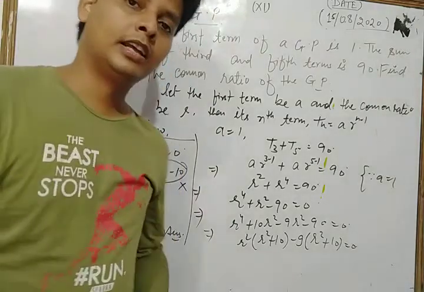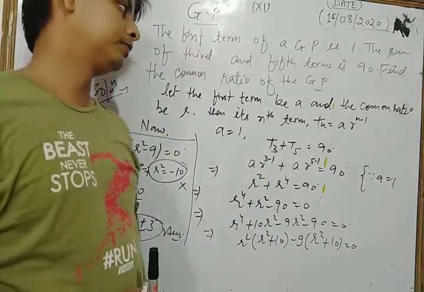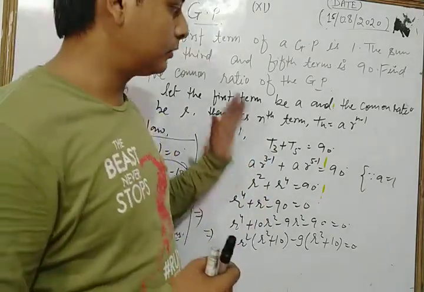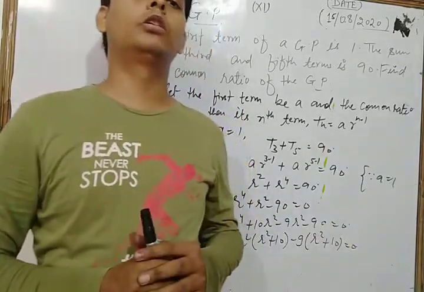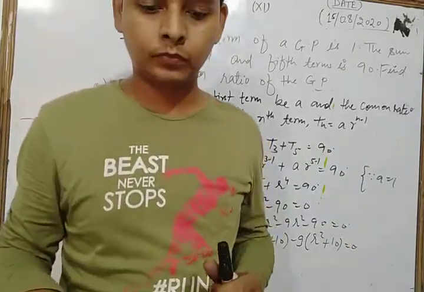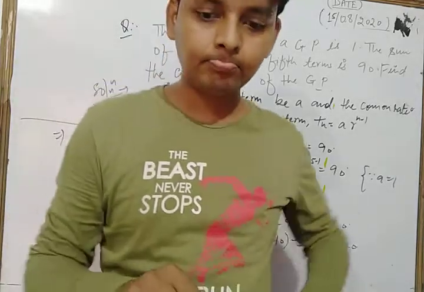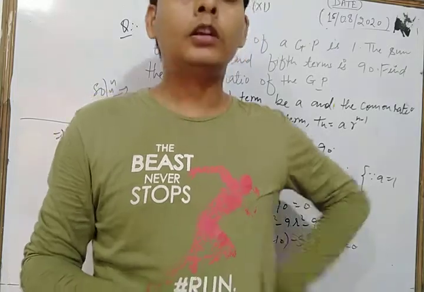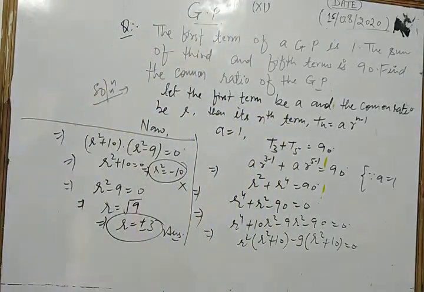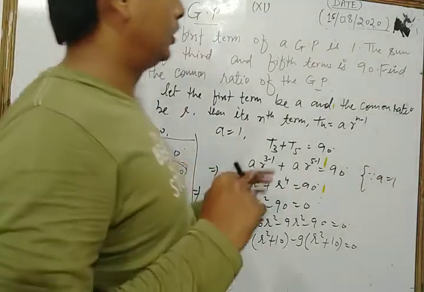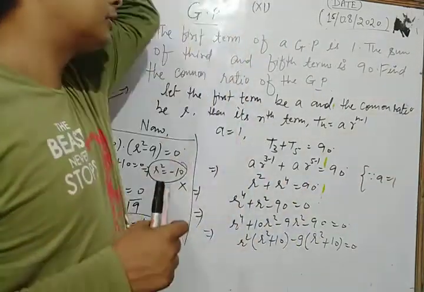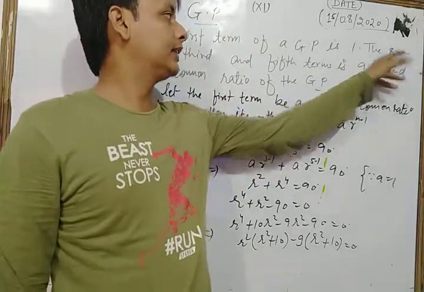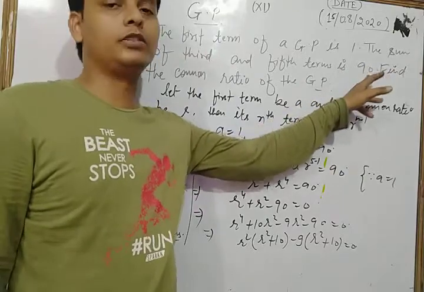So dear students, in this way we can solve this type of question. This is one of the most important questions of the chapter GP. Let's see this question once more. The first term of the GP is 1, and the sum of the third and fifth terms is 90.